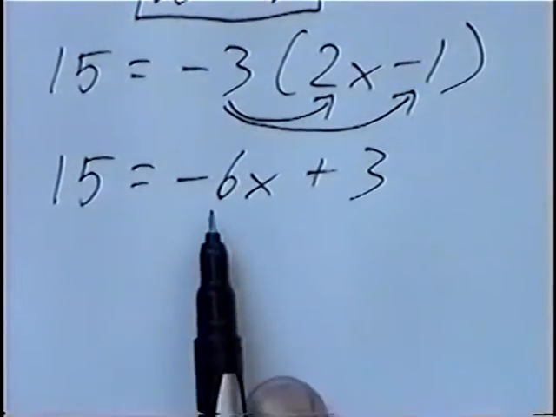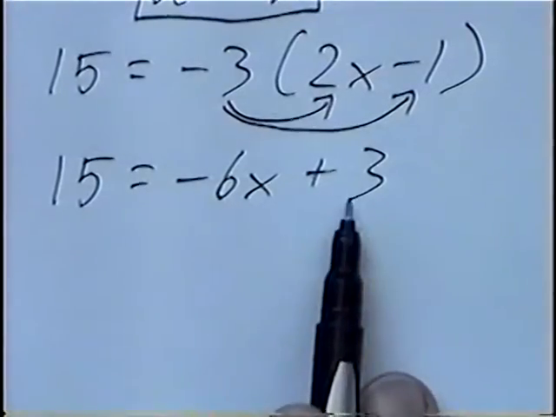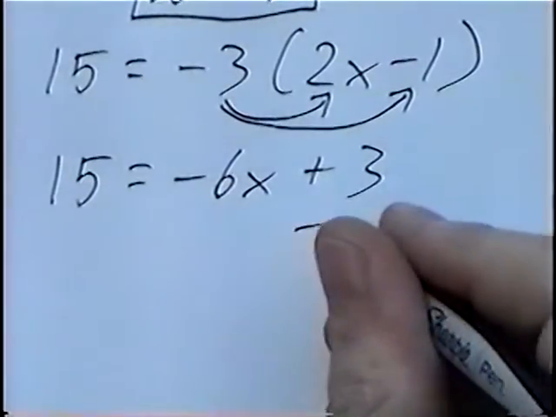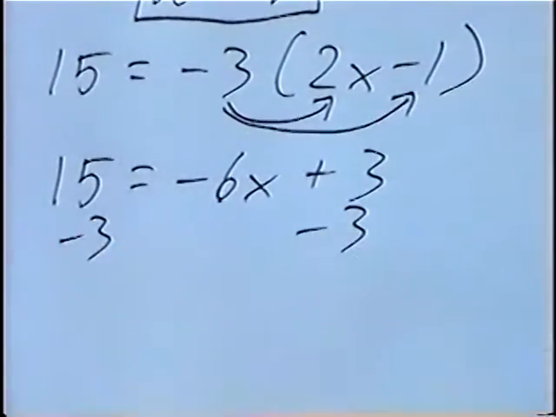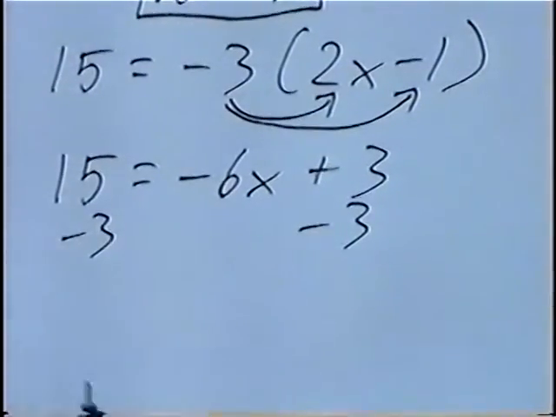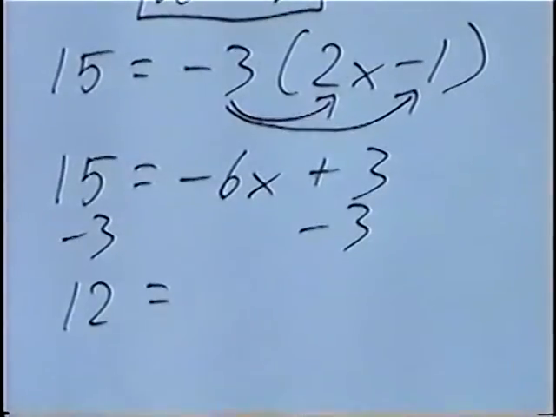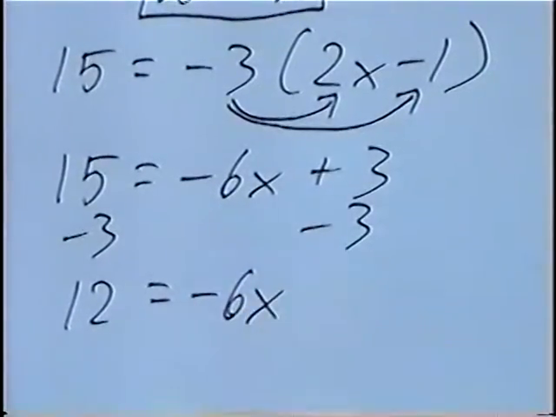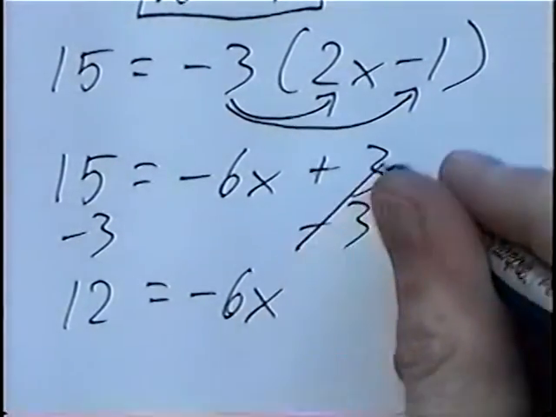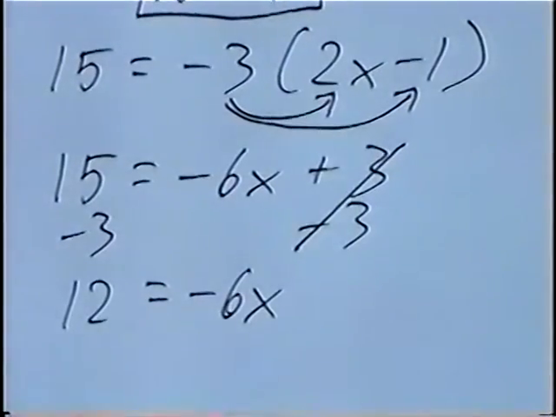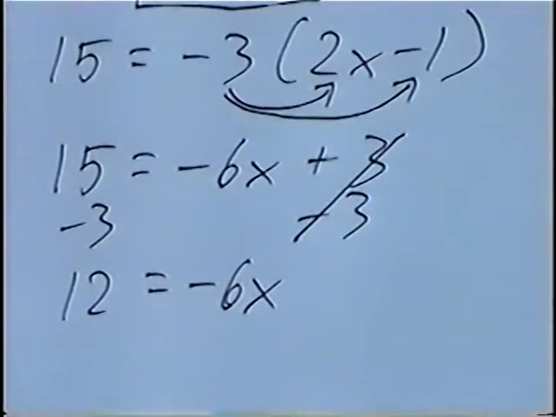Solving from here, the variables on the right-hand side, that's fine. We can just move the plus 3 to the other side by subtracting 3. 15 minus 3 would be 12. Negative 6x would stay the same, and 3 minus 3 would cancel. And the last step, negative 6 times x.